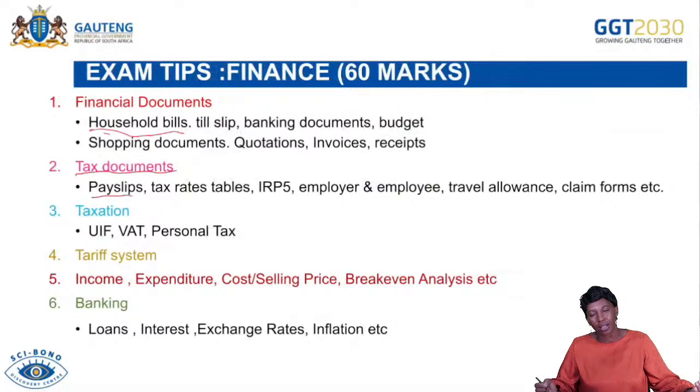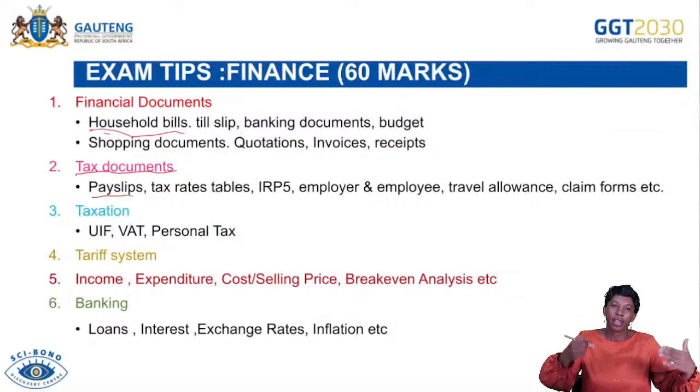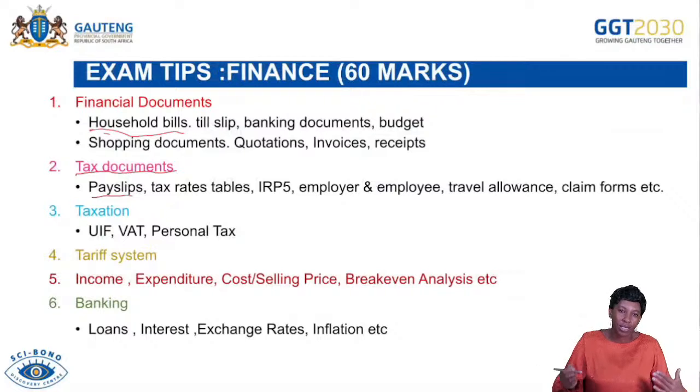So it will be tax bracket number one, number two, and tax bracket number one will be 18%. You will do it. The tax rate tables tell us as an employee how much tax I am supposed to pay. And remember, we are paying everything to SARS, because once we are working, we have to pay tax.